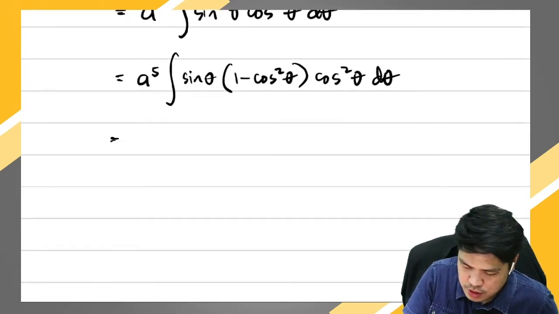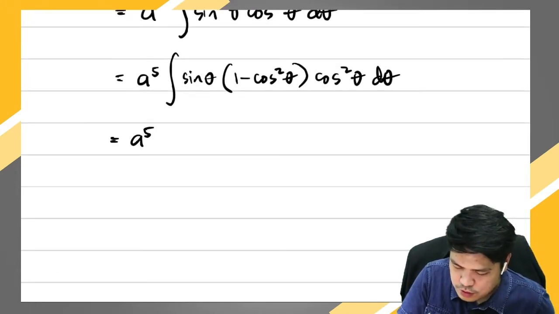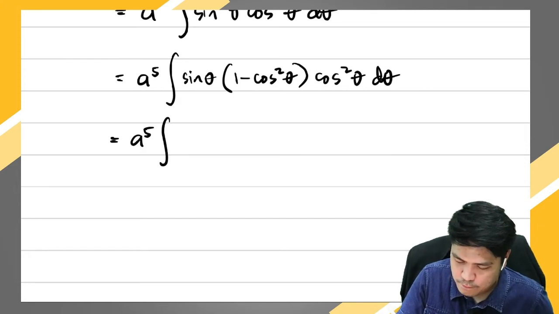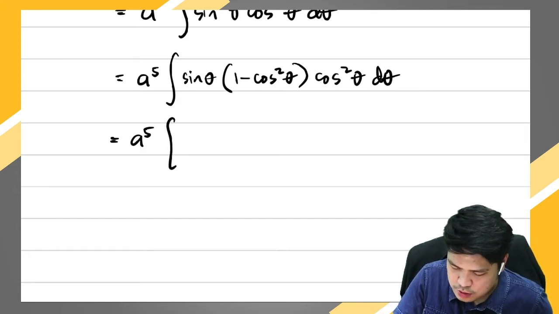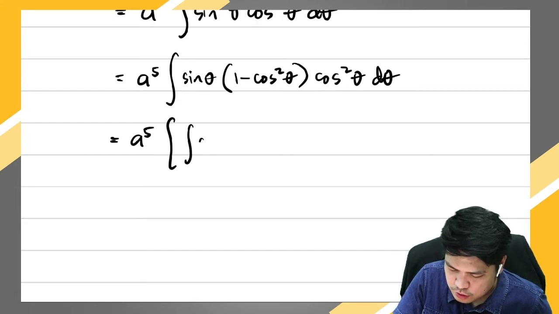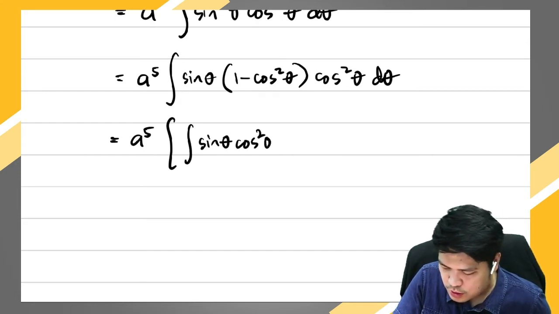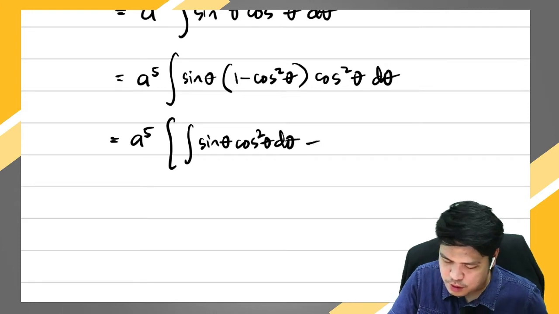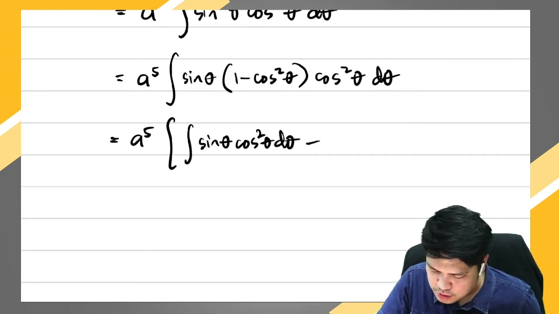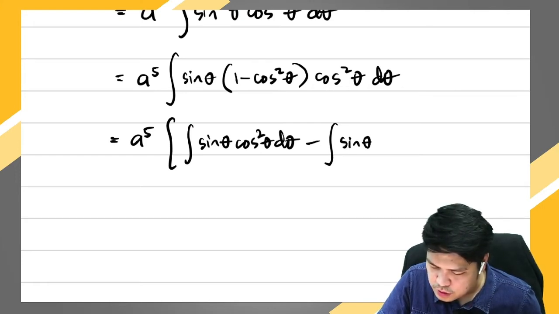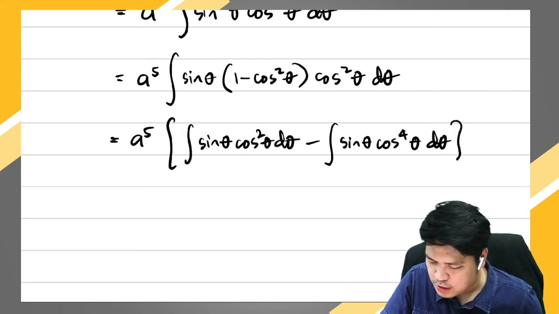Okay, then we'll have a raised to 5 times the integral of sine theta cosine squared theta d theta minus the integral of sine theta cosine raised to 4 theta d theta.